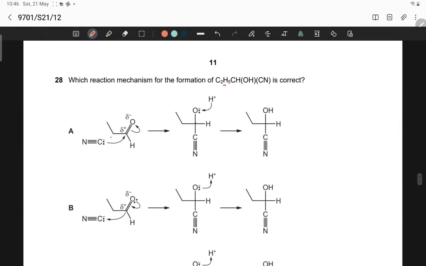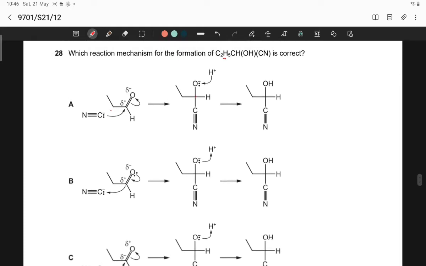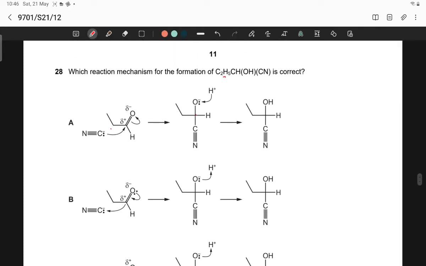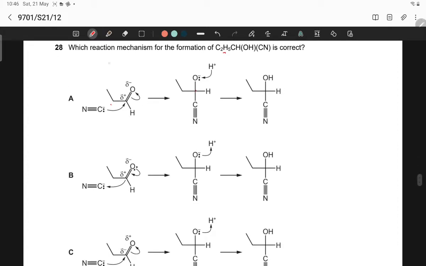Question number 28. Which reaction mechanism for the formation of C2H5CHOHCN is correct? In option A, this is correct, the arrow is correct.